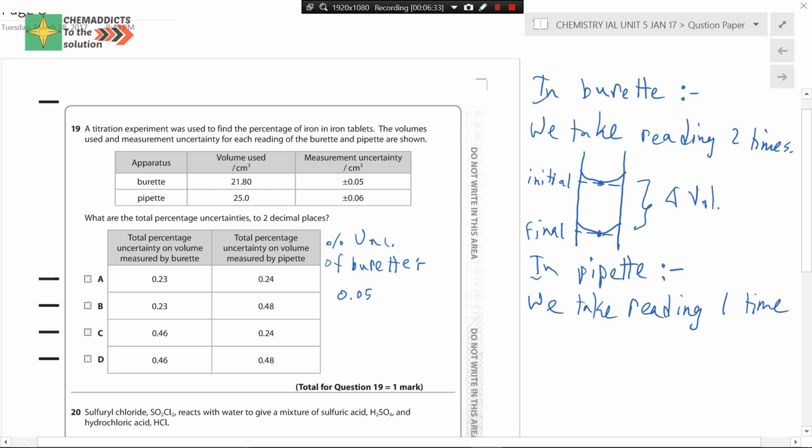Since we are taking reading 2 times, we need to multiply this by 2 and divide by the volume used, which is 21.8, multiplied by 100, which will give us 0.46. And now let us come over here, percentage uncertainty of the pipette.